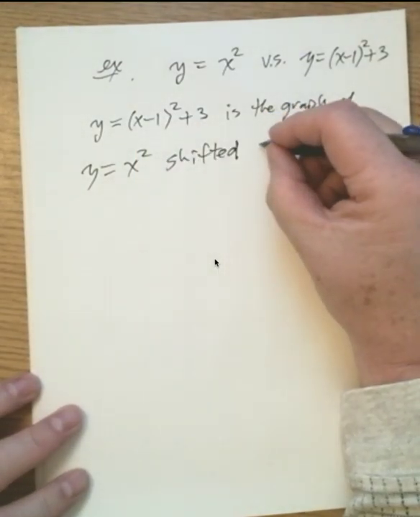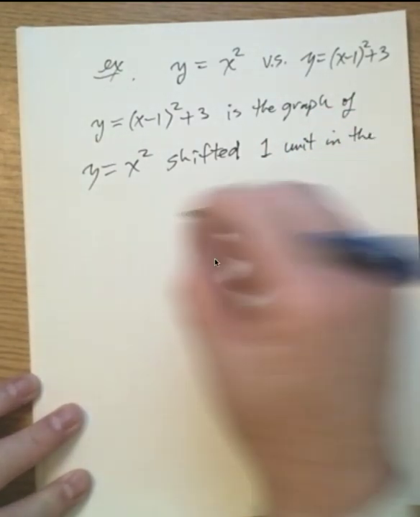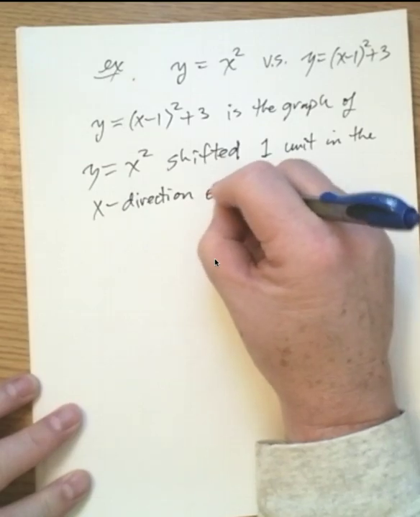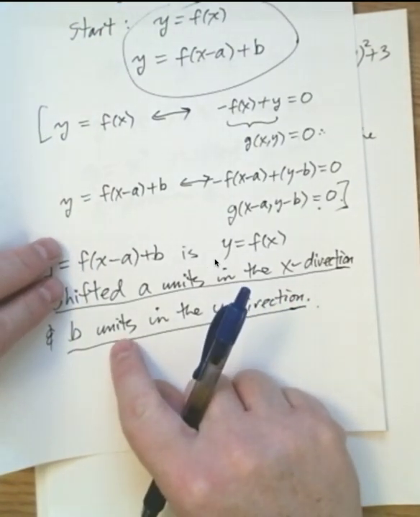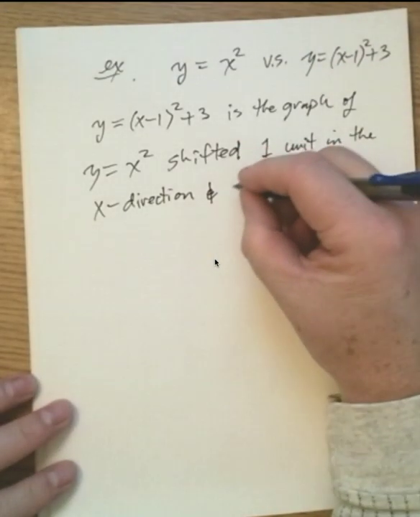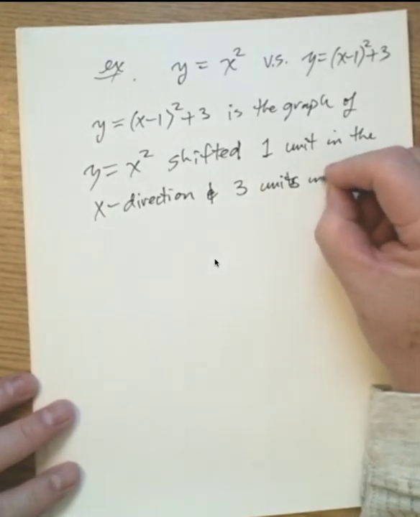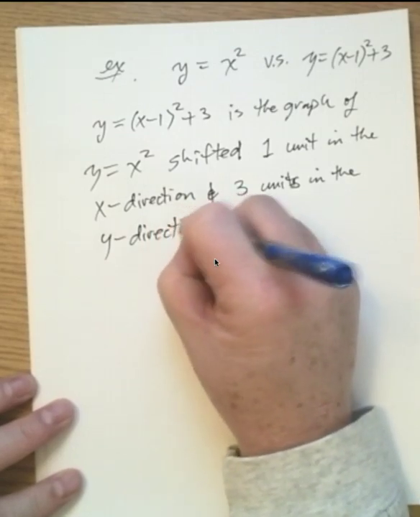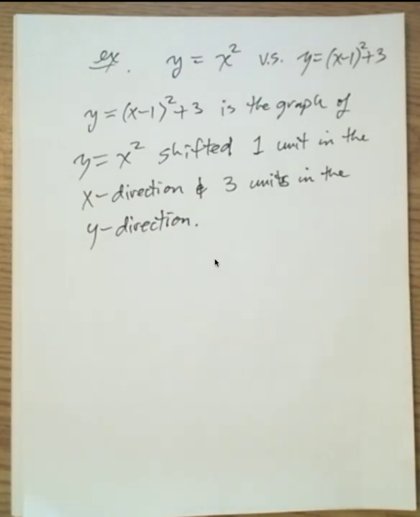So it shifted a equals 1 unit in the x direction, and b units in the y direction. So b is 3 here. 3 units in the y direction. Now we could actually graph that on Desmos and we could see this working here.